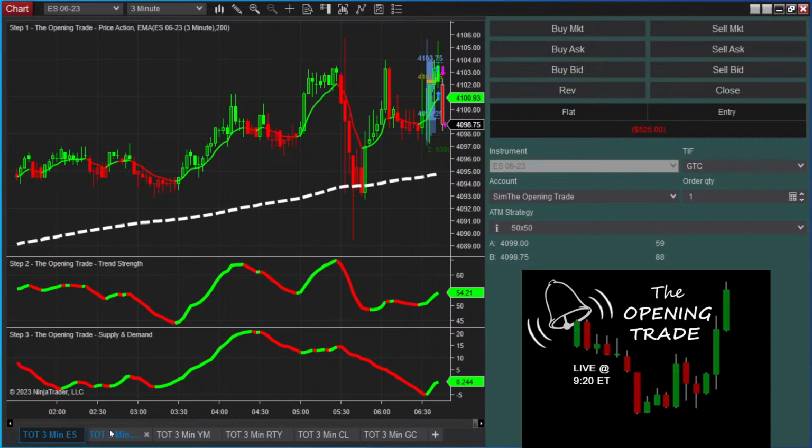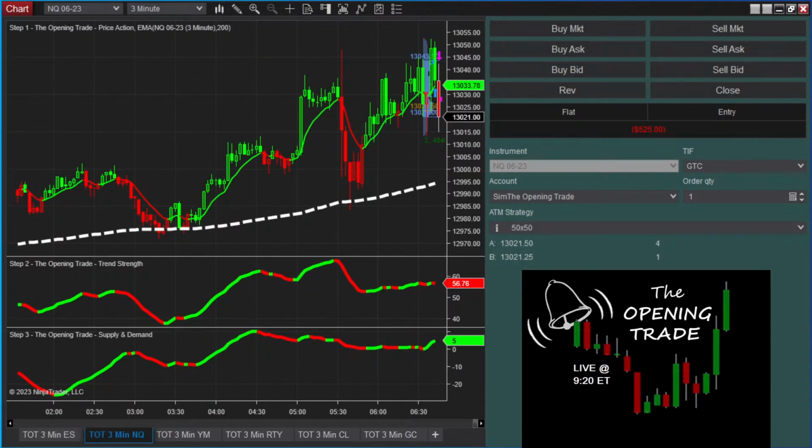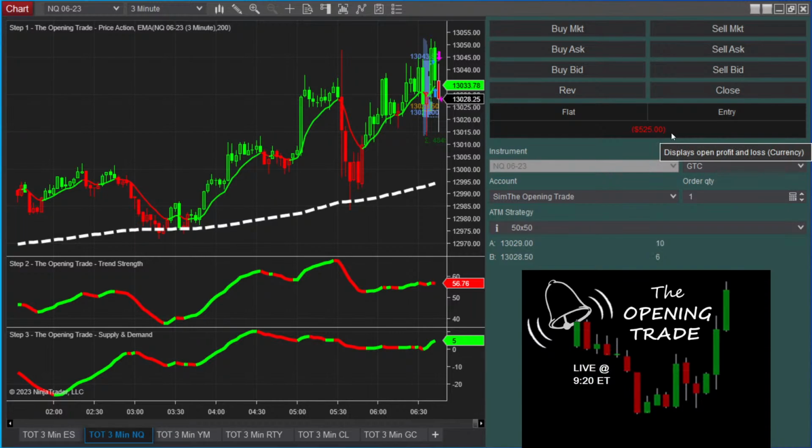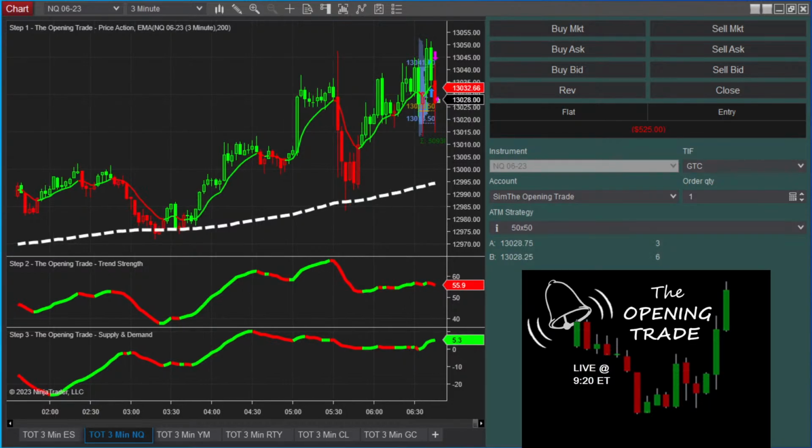So this one saw a loss, and this one saw a loss. So the S&P 500 lost at 229.98, and the Nasdaq lost 304.88. So together, that comes out to 525 somehow.